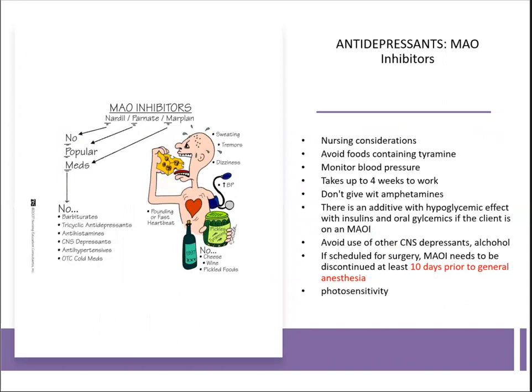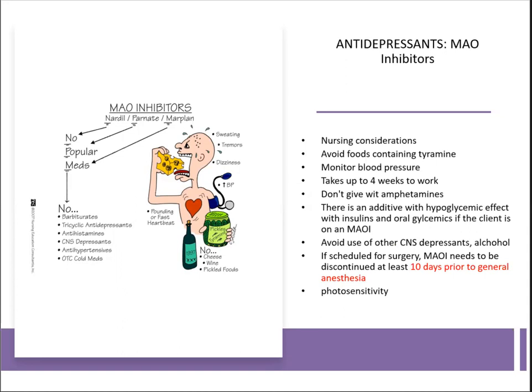In terms of our nursing considerations, you want to educate your client to avoid foods that contain tyramine. Again, your aged cheese, your pepperoni, salami, bananas, raisins, beer, red wine, yogurt, sour cream, pickled products.